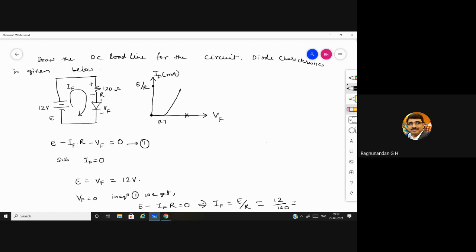So what is the answer for this? 10 milliamps. 0.1. Sorry, 120 ohm I've taken. Okay, 0.1 ampere.